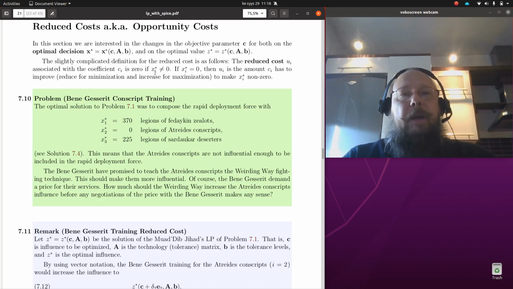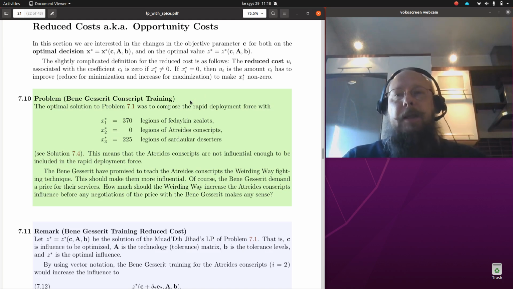If xi at the optimum, so xi star, is not equal to 0, then the reduced cost is 0. And the other way around, if xi at the optimum is 0, then ui is the amount the ci has to improve, reduce or increase, to make xi star non-zero.